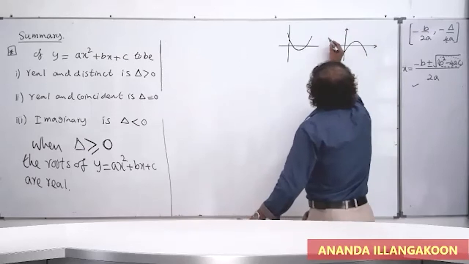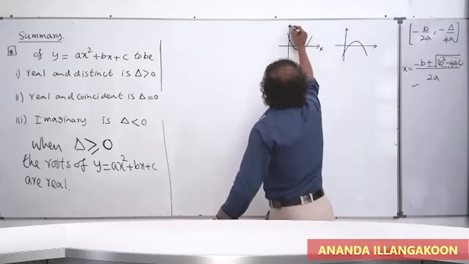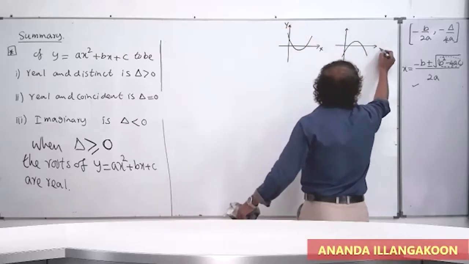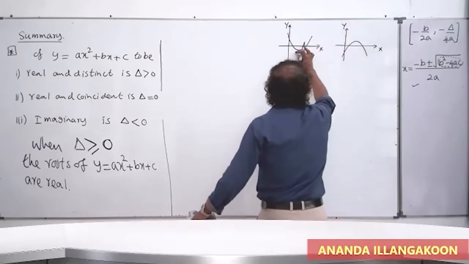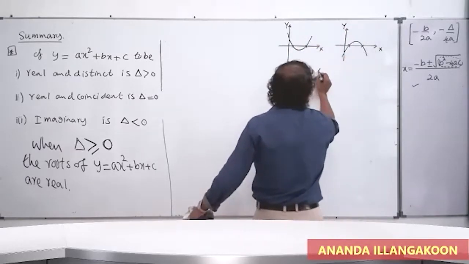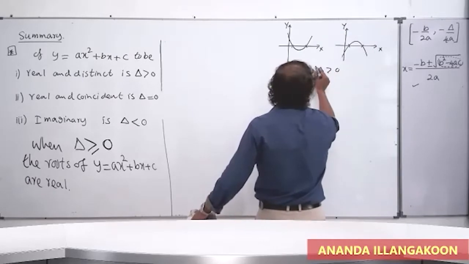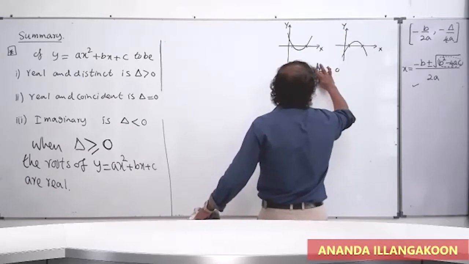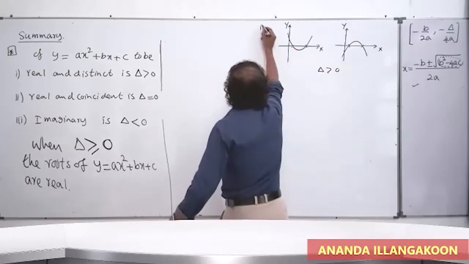That is how we identify graphically real distinct roots. The condition required for this is delta greater than 0, number one.